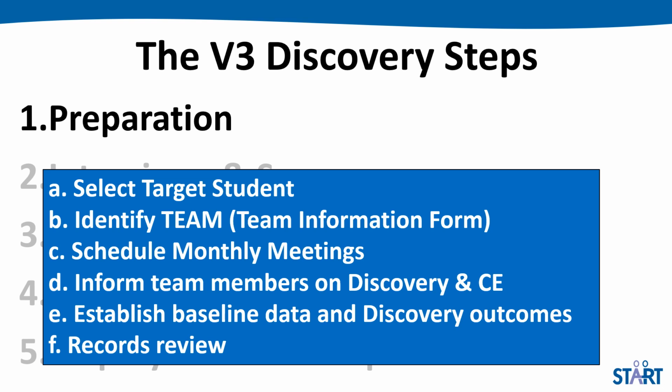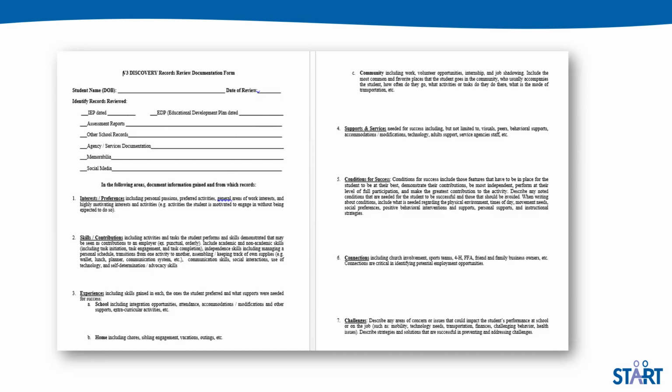So the last sub-step in the step of preparation is really the first time we're going to start doing something where we're going to translate information into the 4 C's, and that is doing the records review. So in your materials for step 1 is a V3 Discovery record review documentation form. So when you go to do your records review, you are gathering, looking through the CA60, gathering any other behavior data or assessment reports or documentation from agencies that have been providing services.